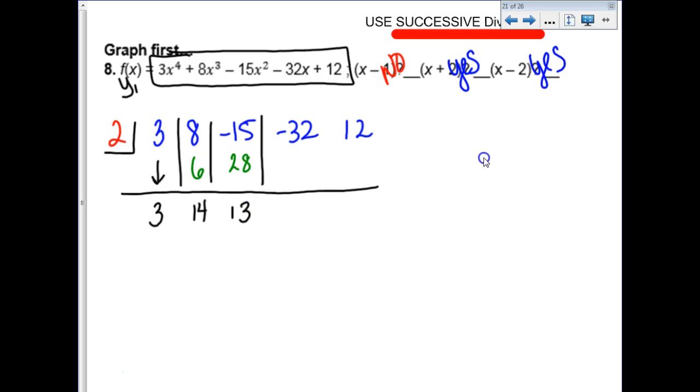Yeah? Okay. You know I like confirmation, guys. All right. 13 times 2 is 26, and that would be a -6. And then -6 times 2 is -12. All right, I'm feeling good now because the remainder came out to 0 as it should.